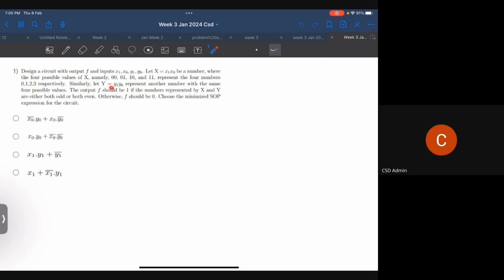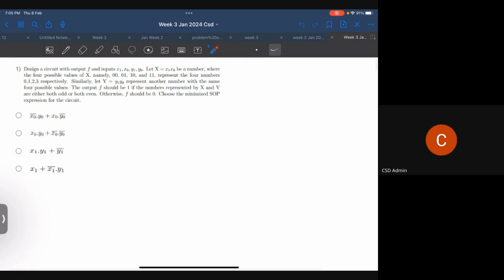Similarly, y1 y0 represent another number with the same four possible values. The output f should be 1 if the numbers represented by x and y are either both odd or both even. Otherwise, f should be 0.